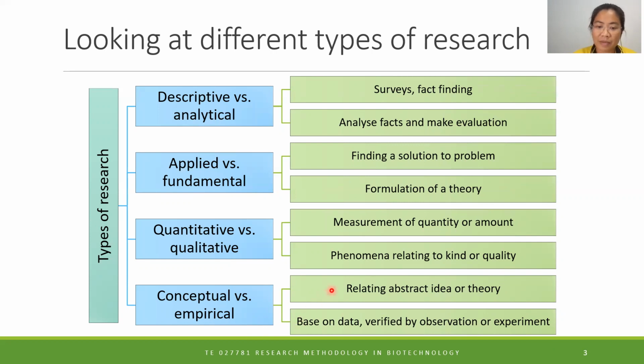But you might think, hey, if you're not doing experiments, how will you get data and how do you do research? So that's how conceptual research comes into place. It's like I said here, it is relating to an abstract idea or theory. It is something that you probably don't see, but you are observing something, and you're trying to get the theory out of it. You're trying to calculate something to make it a theory. So that's conceptual research.